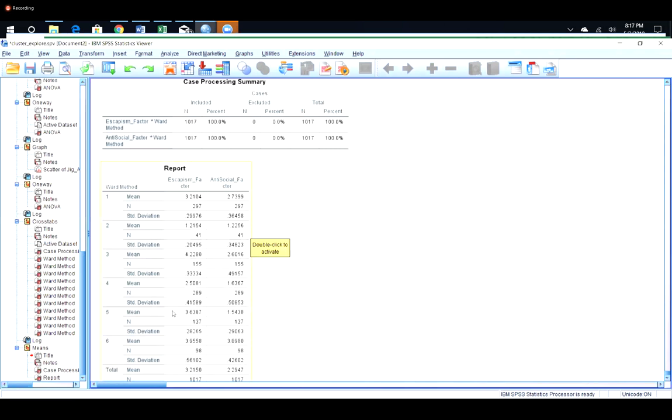Whereas cluster 6, maybe it's high on both of them. And maybe that is more of an intense gamer. What I would call cluster 3, because it's high on escapism, relatively average on antisocial, maybe that would be more of an escape-oriented or diversion-oriented group.